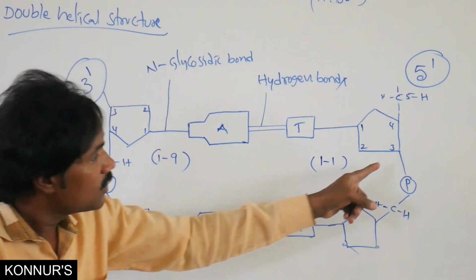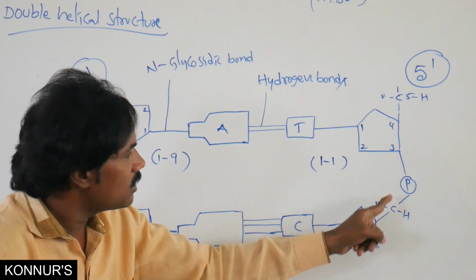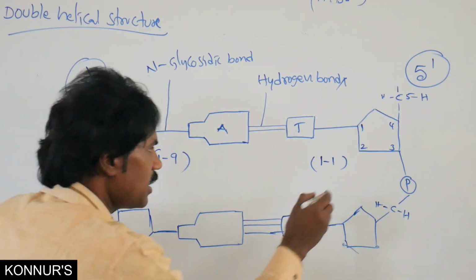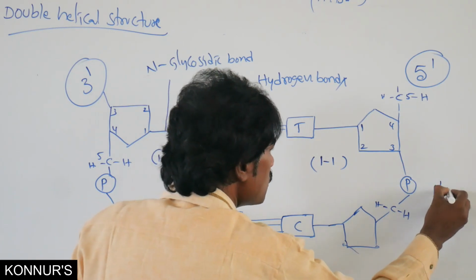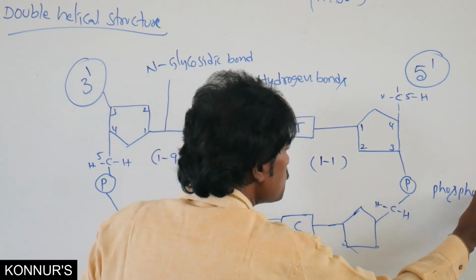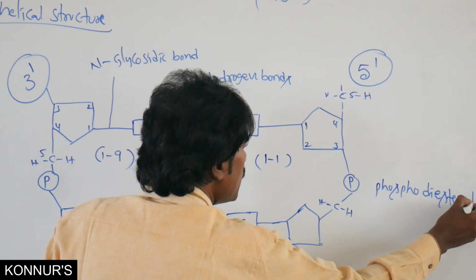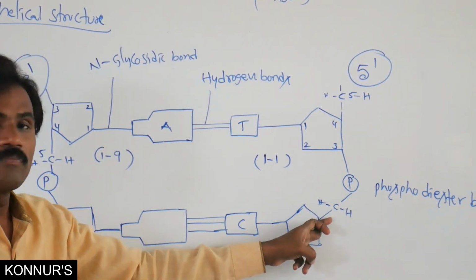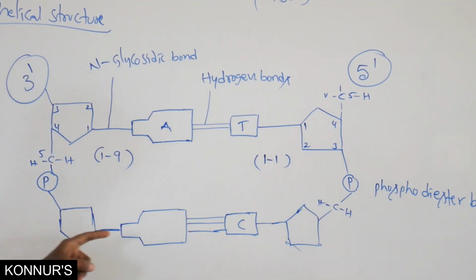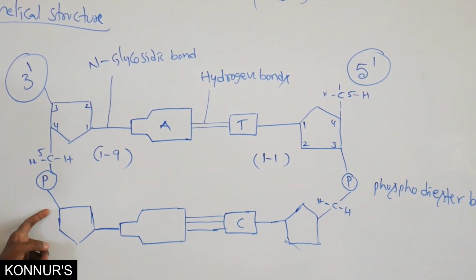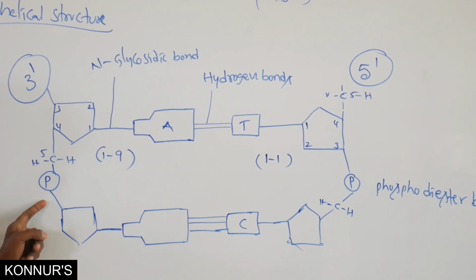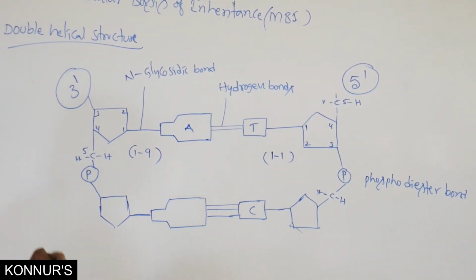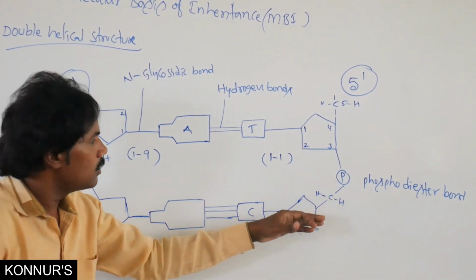So this bond we call the 3rd and 5th phosphodiester bond. Here also the 5th and 3rd one. So overall, the 3rd and 5th phosphodiester bond is how phosphates connect with each other.